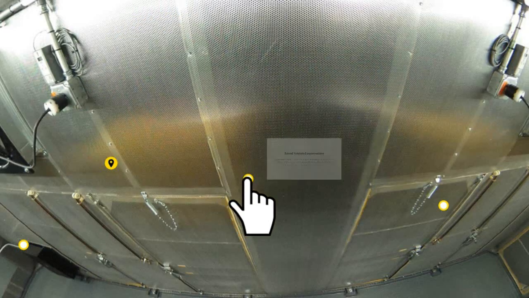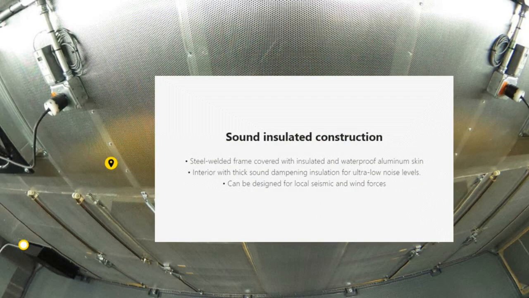The interior walls are comprised of sound dampening material as well as a thermal barrier. This combines to emit very low external sound levels.